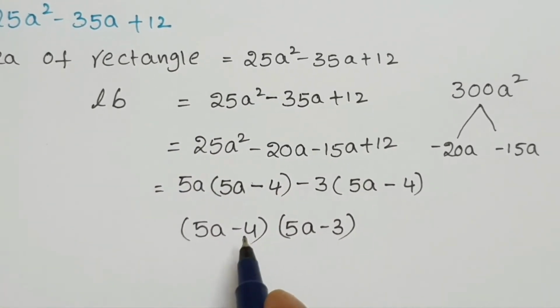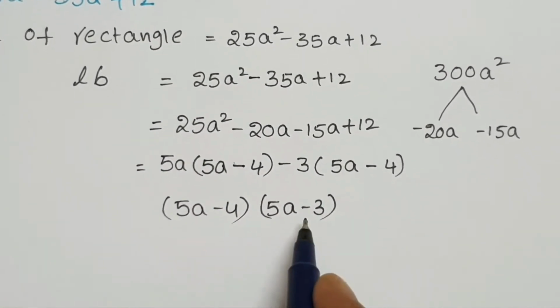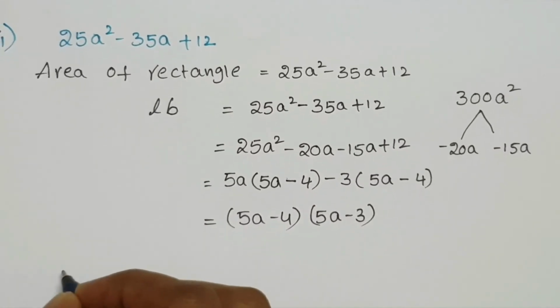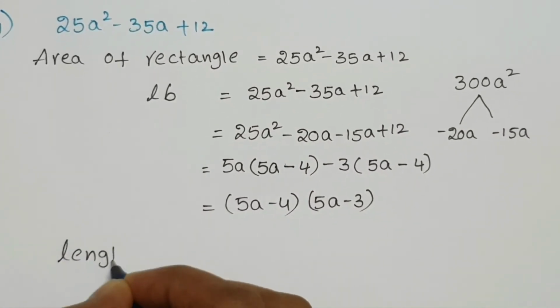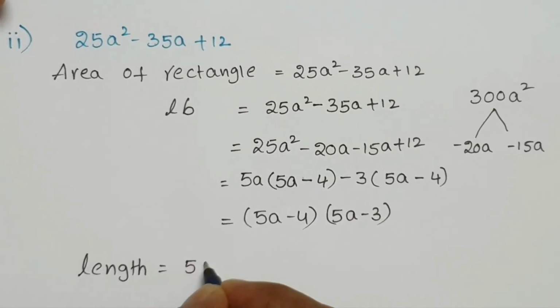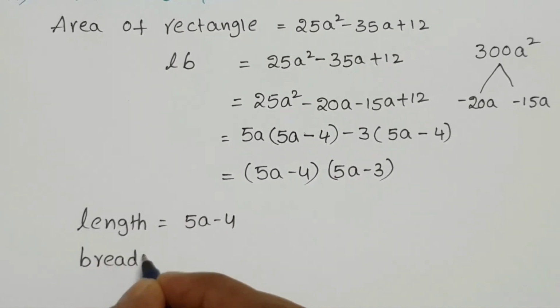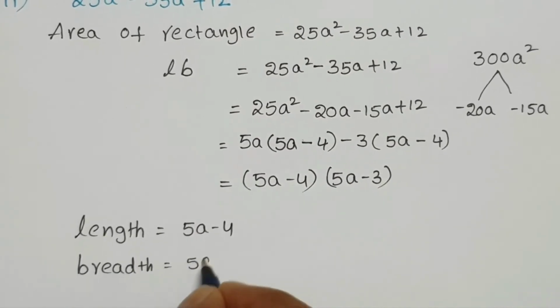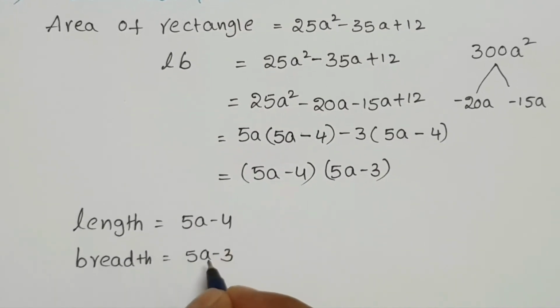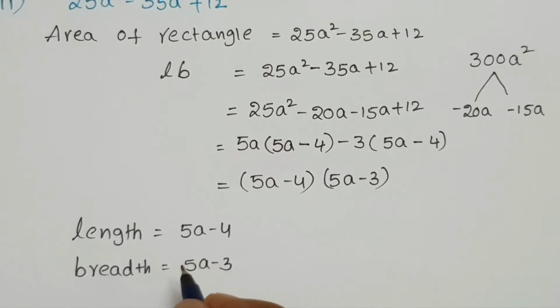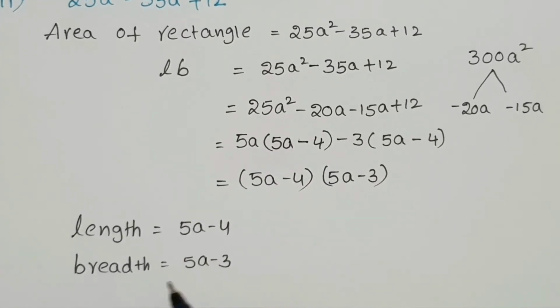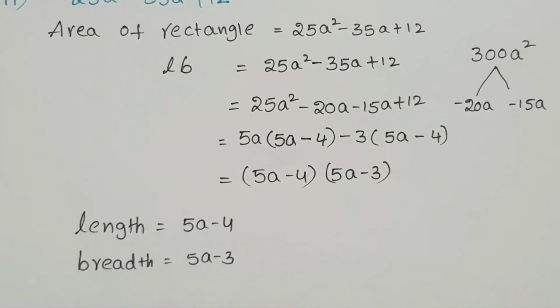These two factors are length into breadth. Take one of the terms as length: length equals 5a minus 4, and breadth equals 5a minus 3. So take any value of a and find length and breadth.